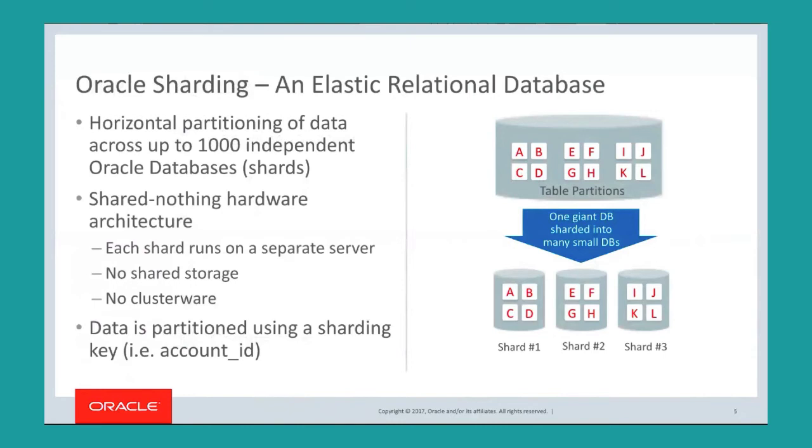Within each geo, you could still have linear scalability using consistent hash. Those are the two methods, consistent hash-based as well as composite sharding. And in 18c, we're also introducing list-based and range-based sharding. So this is at a high level what sharding is.